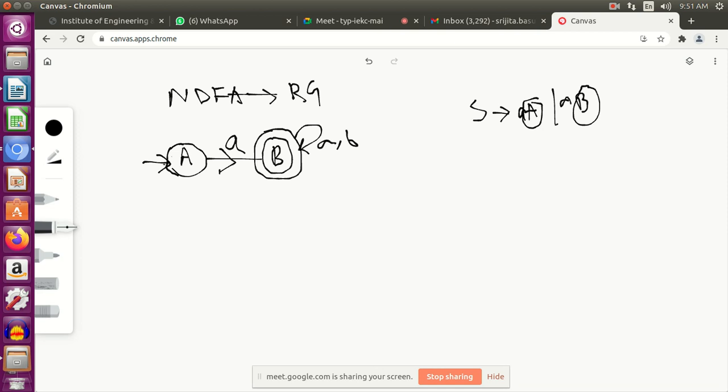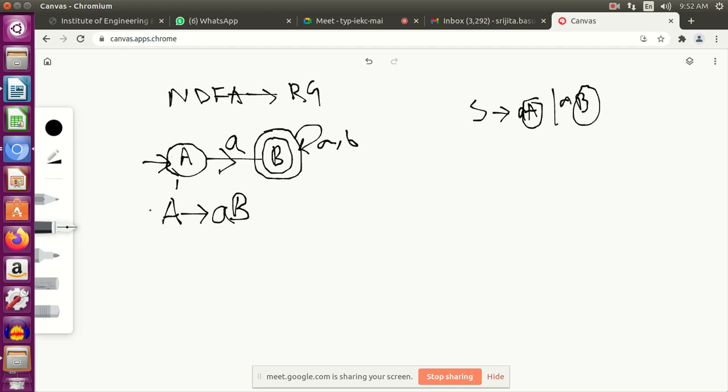So if you try to convert this particular NFA to a right linear grammar, starting from the initial state, you have the state A, which is equivalent to the non-terminal symbol A. So from A, on getting an a, we go to state B. Simply you can convert this transition to this grammar.